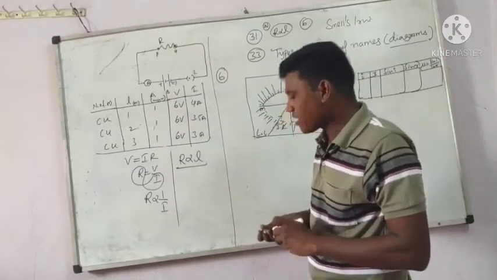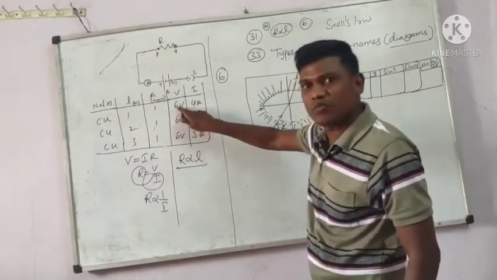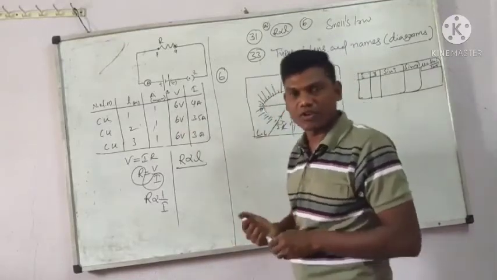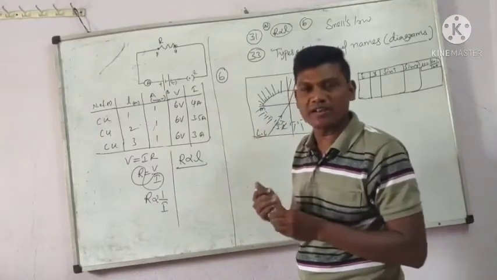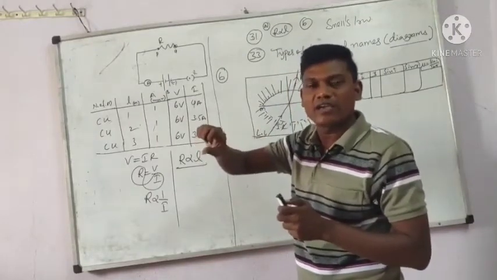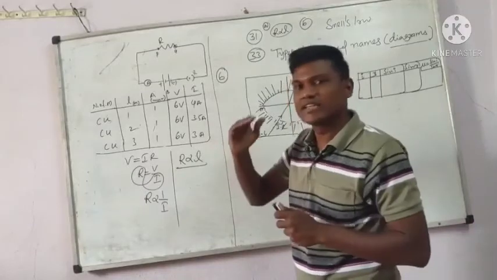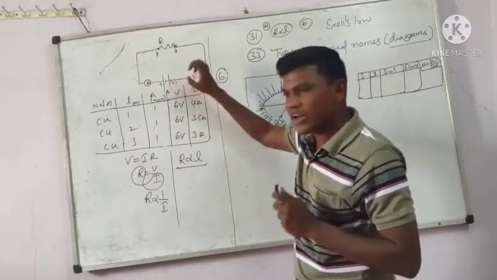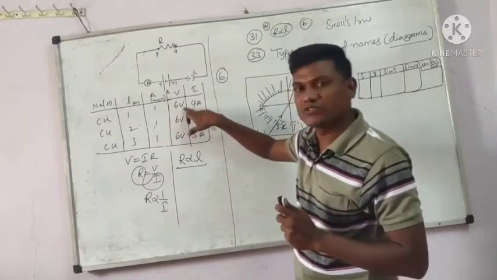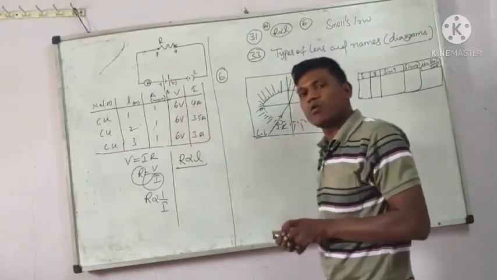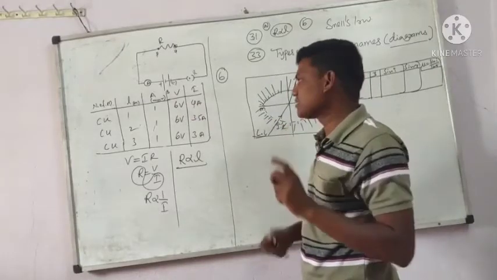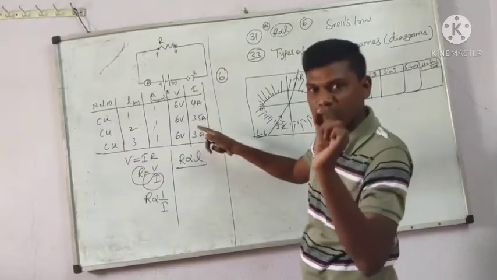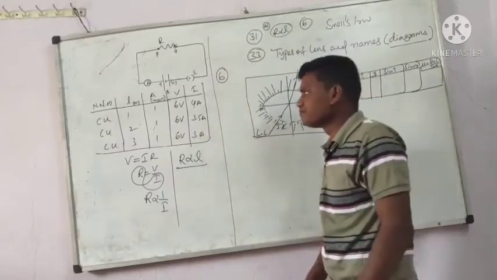In the battery, we keep a constant potential difference, using a variable 12 volt battery with adjustable settings like 3, 4, 5, 6. For your understanding, we can keep it at 6 volts constant, but while writing the answer in the examination, don't write this. These values are just for understanding the concept.